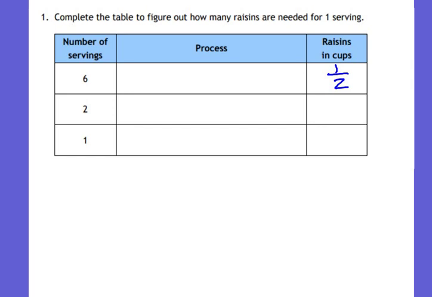Then for some reason, she decided to look at 2 servings. And she noticed that for 6 to turn to a 2, she can divide by 3. So she was like, well, that's cool, because I can take 1/2 and divide that by 3 and figure out how much raisins I need.